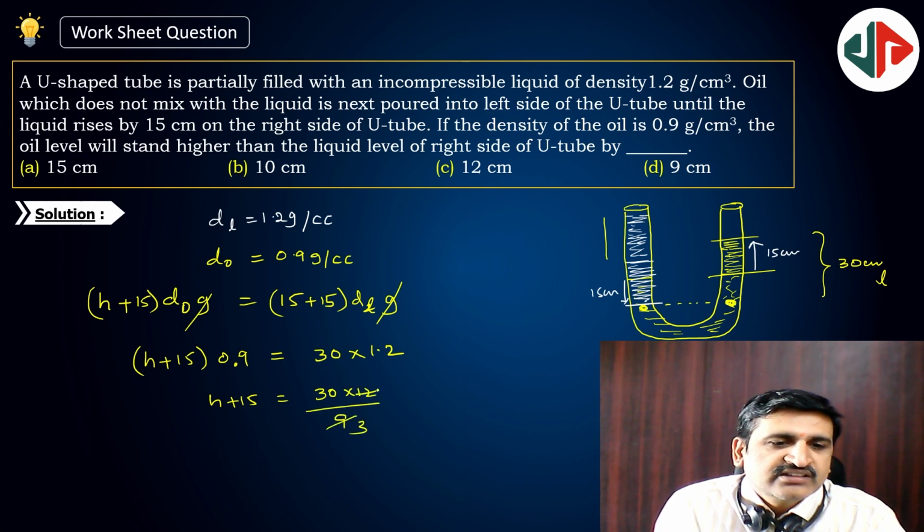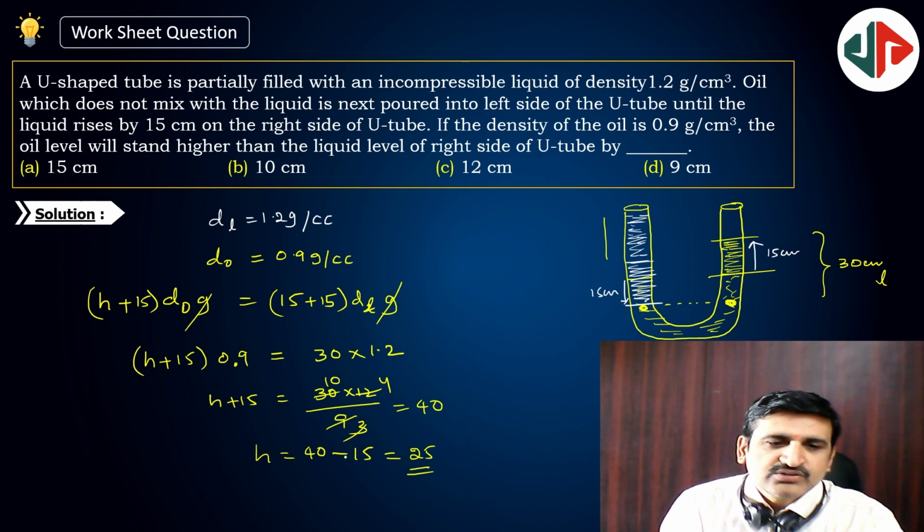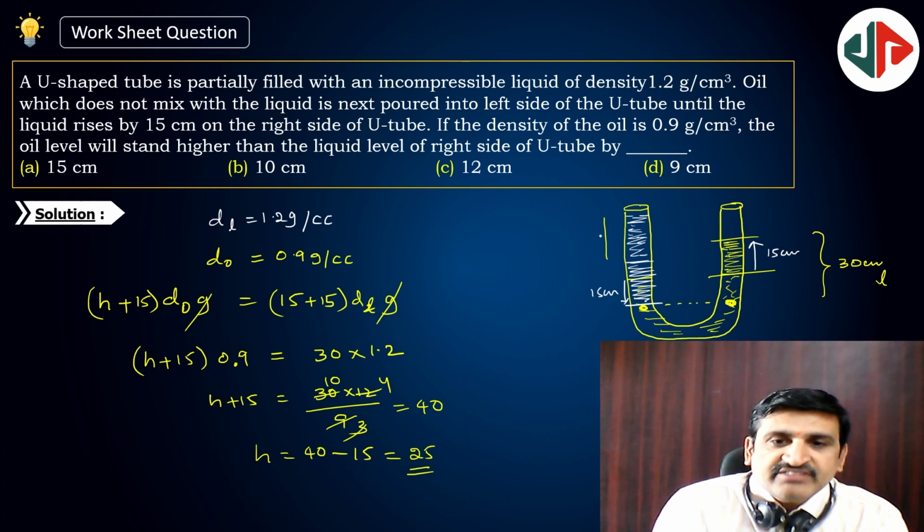So H plus 15 is equal to 30 into 12 by 9. 3 3s are 3 4s are and 3 1s 3 10s. So it will be 40. So H is equal to 40 minus 15, that is equal to how much? 40 minus 15, 25. So this is 25. Okay.